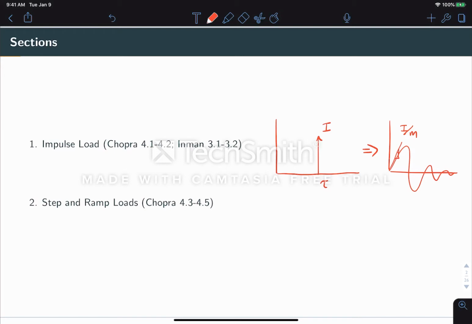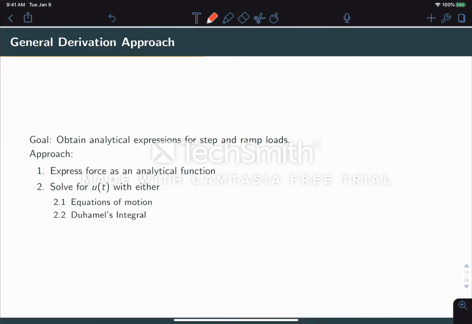And these can be used also as building blocks for more general functions. And so they're nice to have in your back pocket in these situations. Now, the goal for the first part of the video will be to obtain analytical expressions for both step and ramp loads. And we will do that as a two-step process.